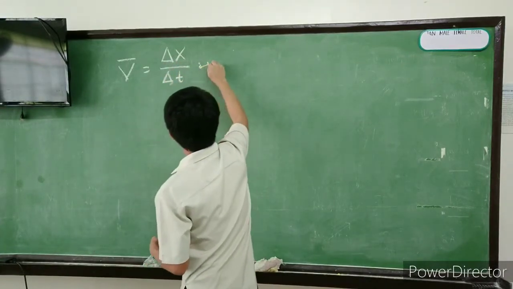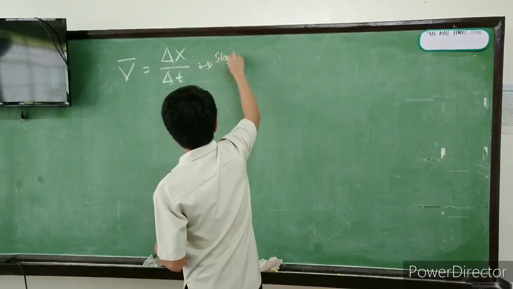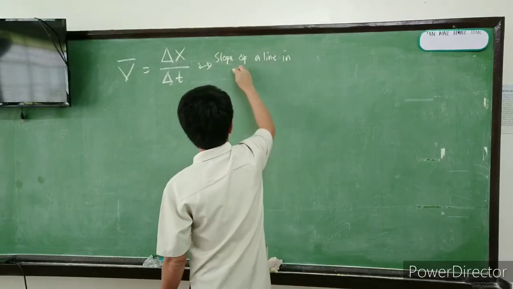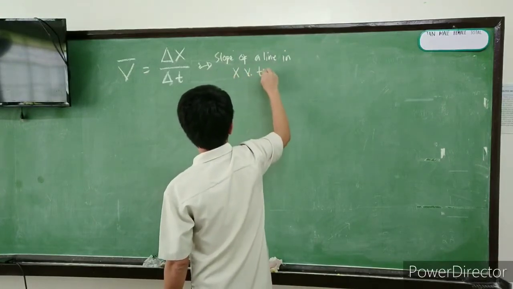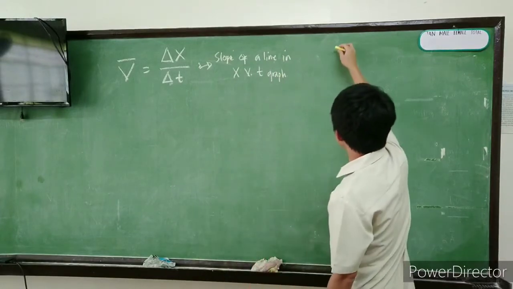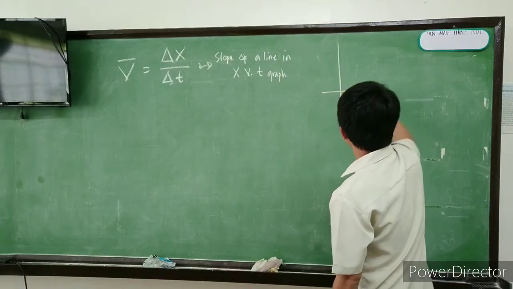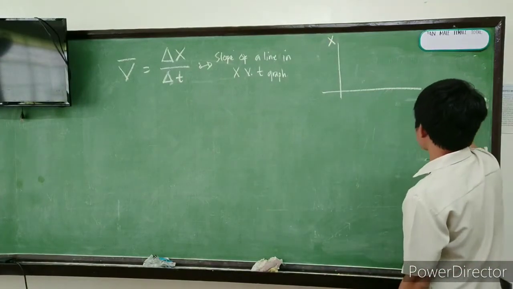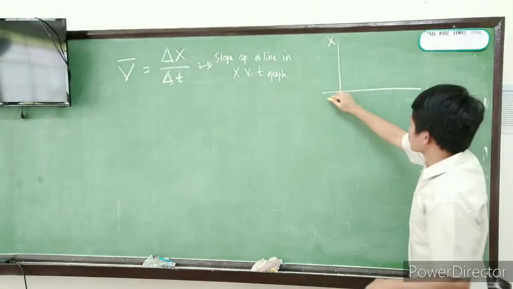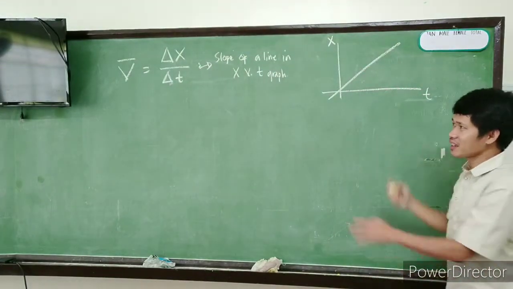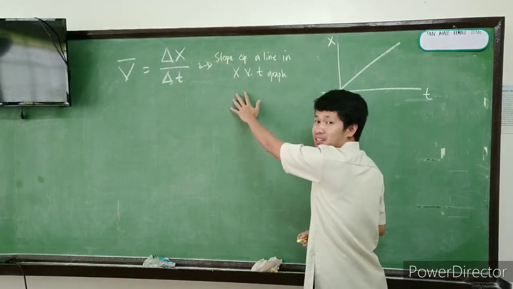It's actually the slope of a line in a position versus time graph. So if I have a graph of position as a function of time, yung slope daw ng line na ito is your average velocity.